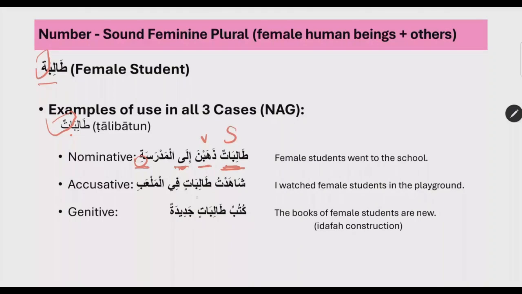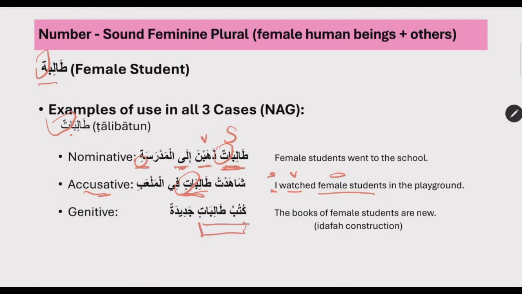This is an example of the accusative of talibat, atun and atin. So here's atun, here's atin. Shahadtu, I watched. Here's your subject, verb, and this is the object. Female student, therefore it's accusative in case. And then here we have kutubu talibatin.